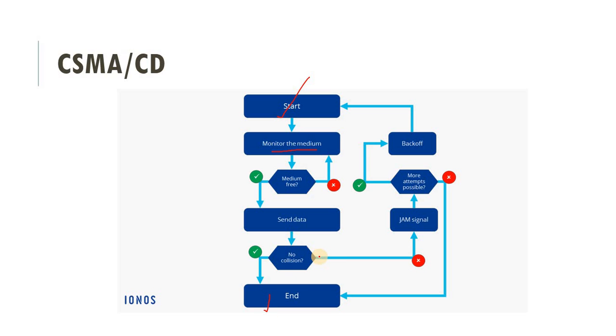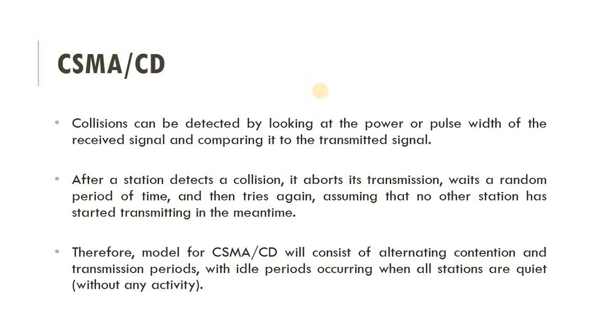If a collision is created, the signal becomes a jam signal, and then we check whether more attempts are possible. If no, then it ends, and if yes, then back off and start the retransmission process. So this is how CSMA/CD works.